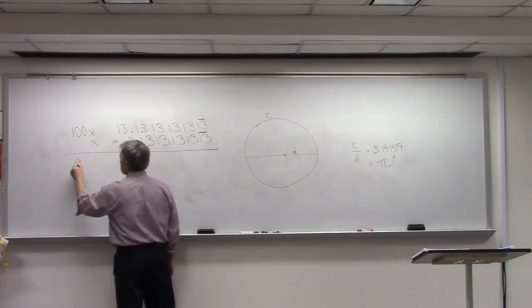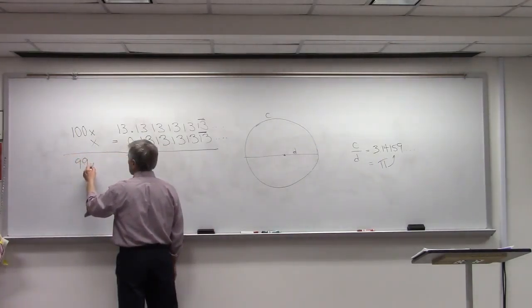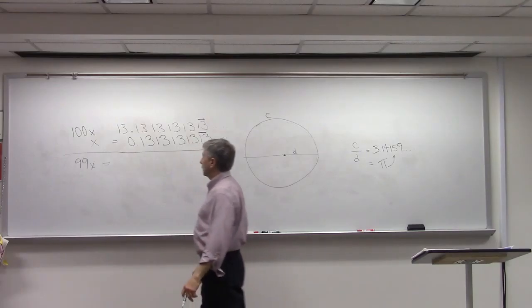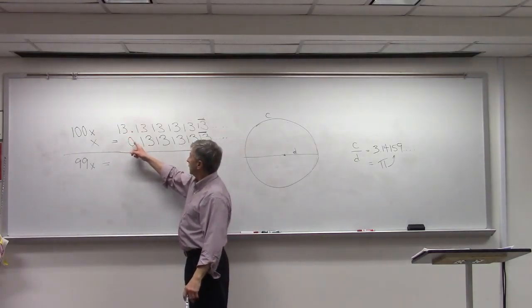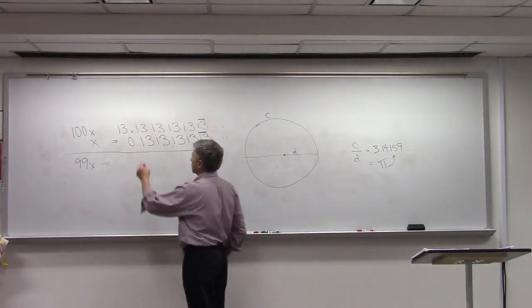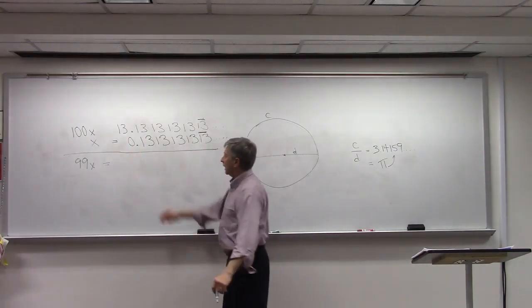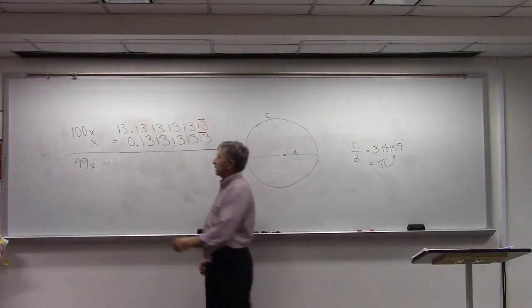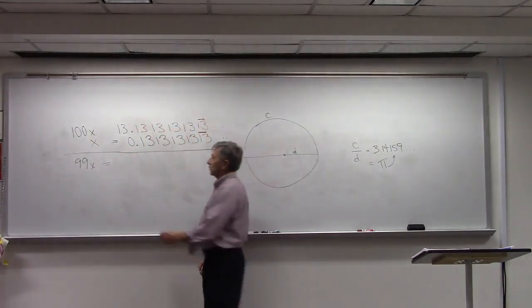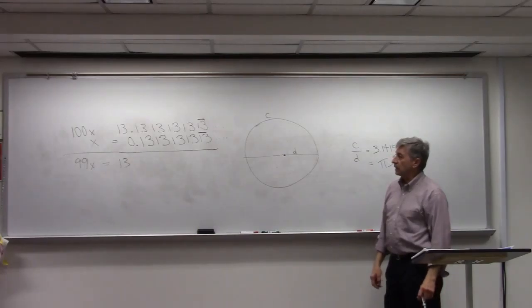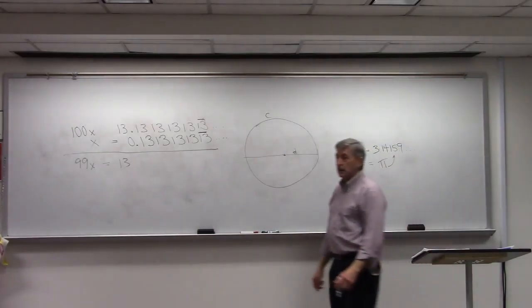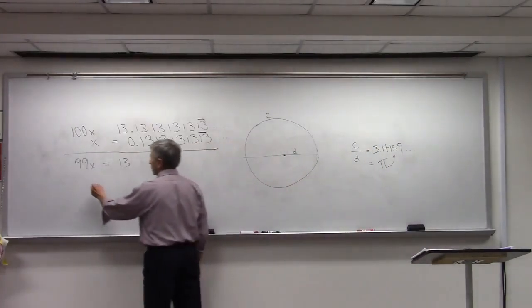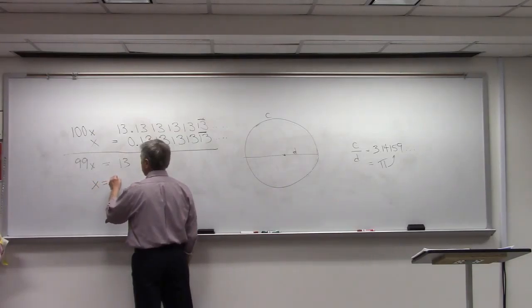Now I'm going to subtract those two equations. So I have 99x is equal to, now here I have 13, and on the right hand side of that decimal, those things cancel out because it's 1, 3 all the way down to infinity. So now x equals 13 over 99.